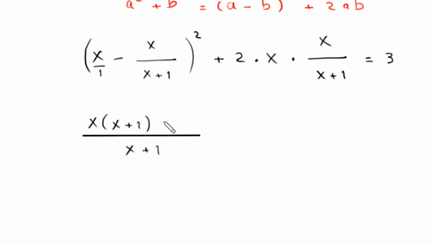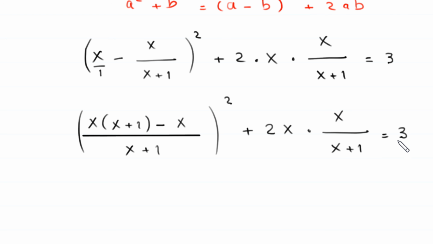This negative sign will come here. When we divide this x plus 1 by this x plus 1, we get 1, 1 times this x, whole squared plus 2 times x divided by x plus 1 is equal to 3.